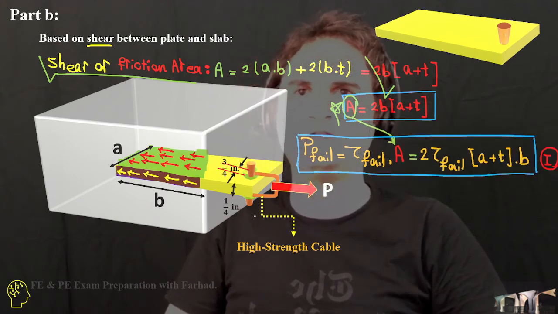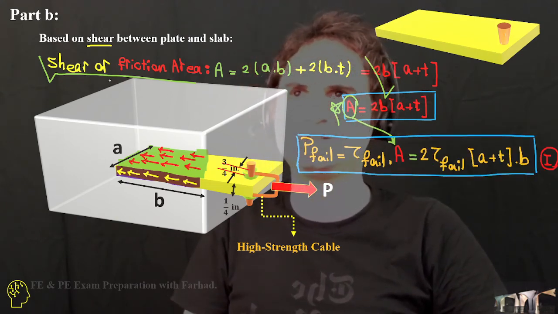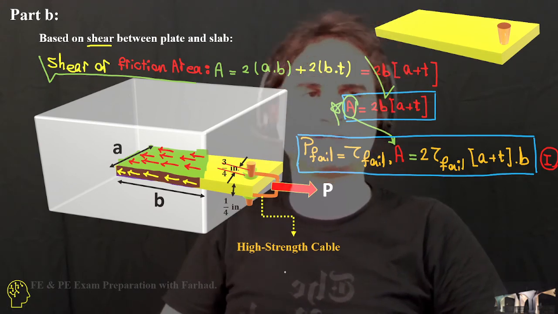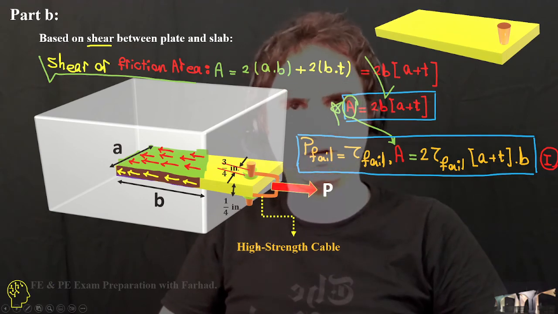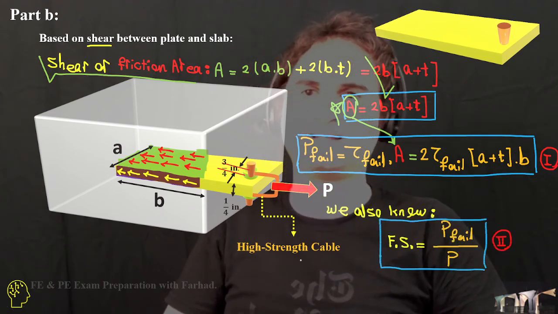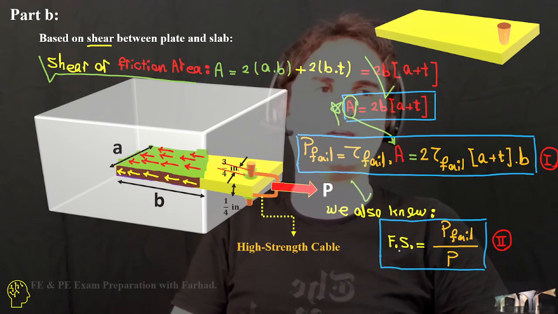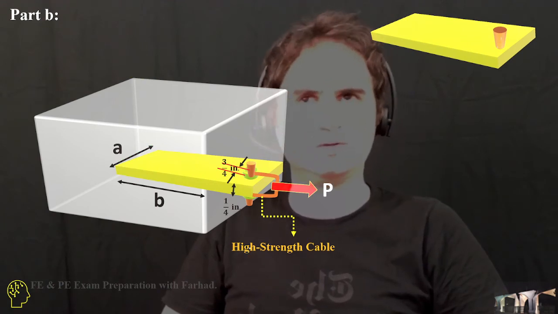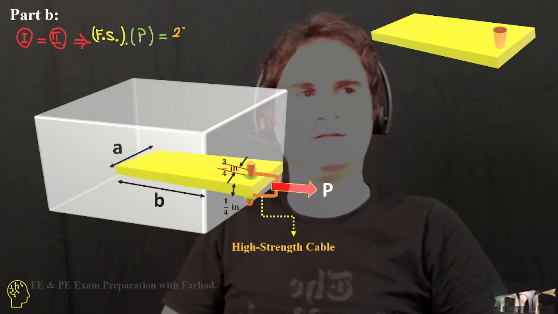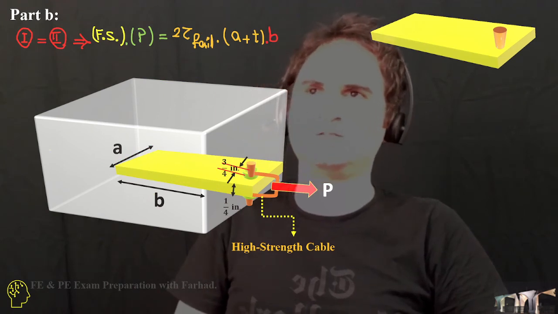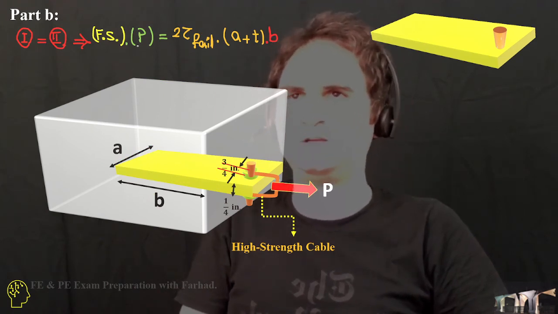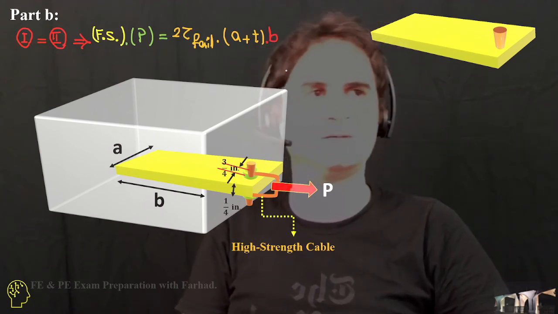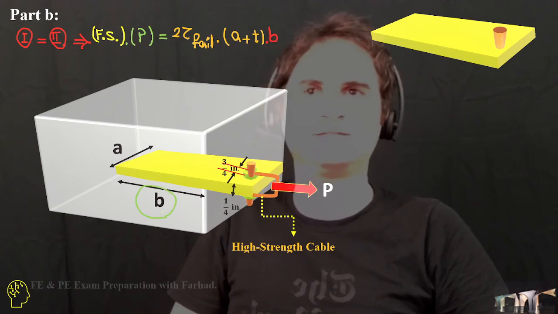Then P failure is tau failure, based on shear this time, times the area of shear, which is 2 tau failure times (A plus T) times B. At the same time, the factor of safety is P failure over available P. If we call these equations 1 and 2 and set them equal, we get Fs times P equals 2 times tau failure times (A plus T) times B, the desired length.